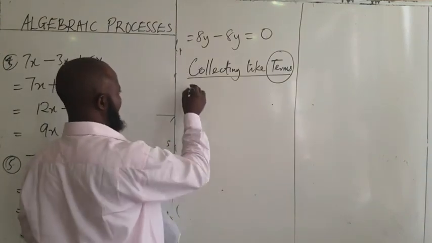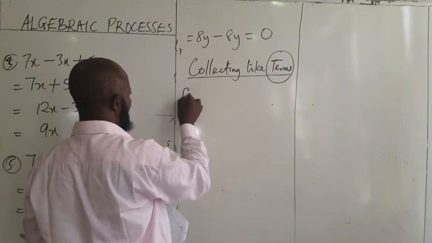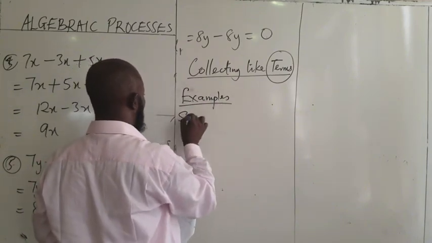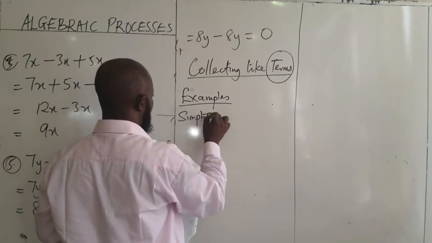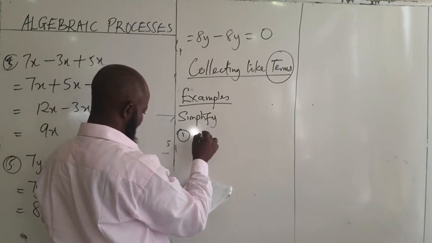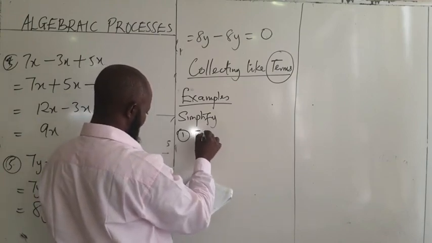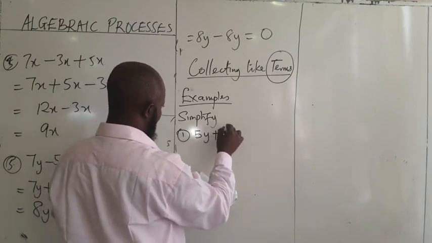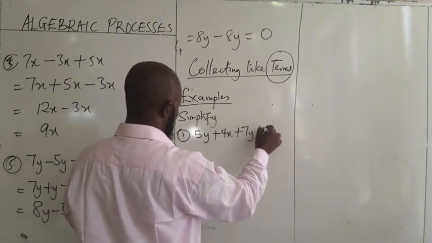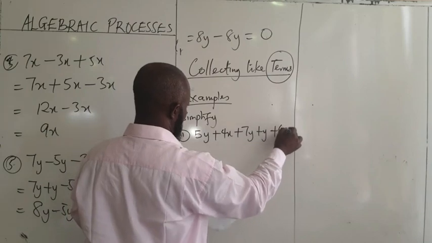Simplify. It's when we see simplify. Examples. Simplify. The first one, 5y plus 4x plus 7y plus y plus 6x.